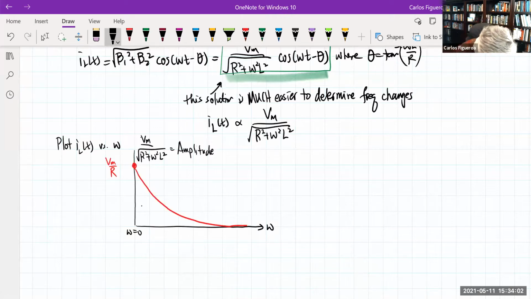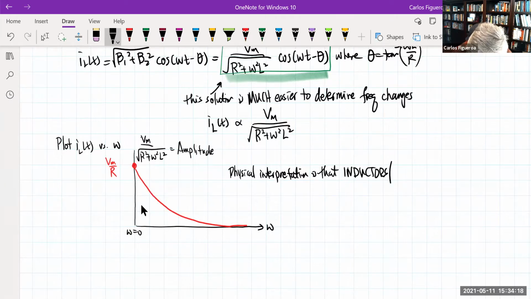Now, the physical interpretation here is that inductors/coils have back EMF, right?